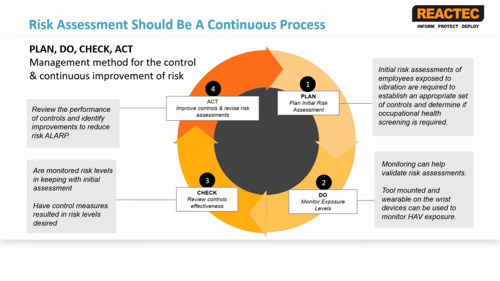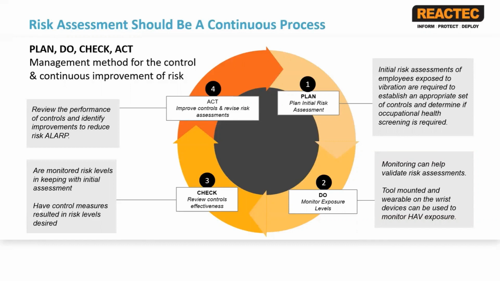Another way of representing that is to look at the traditional plan, do, check, act approach to control management. So with respect to hand-arm vibration, you do your initial risk assessments to establish what the level of exposure is likely to be for employees and what controls would be appropriate to manage that risk, and also whether or not occupational health screening is required.